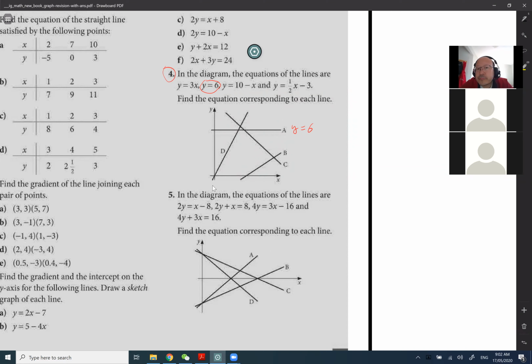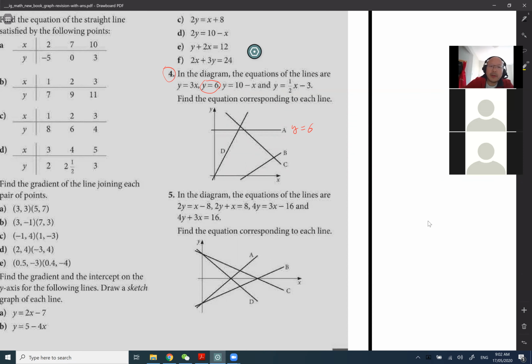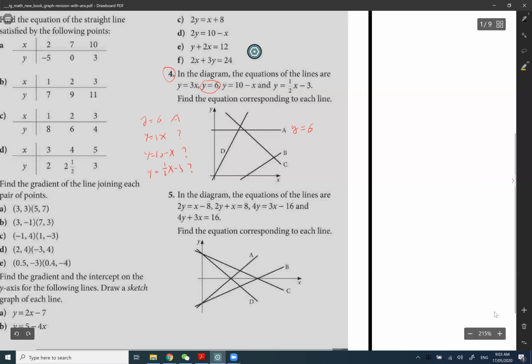Okay? How about the others? Guys, message me. For example, you message me like this: y equals 6 is A. Y equals 3x, which one? Y equals 10 minus x, which one? Y equals half x minus 3, which one? So message me 3 letters.